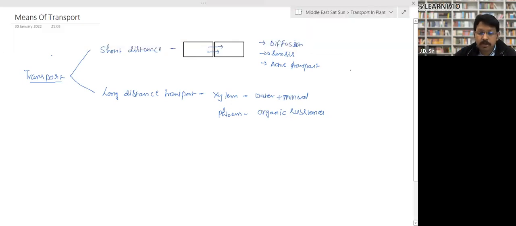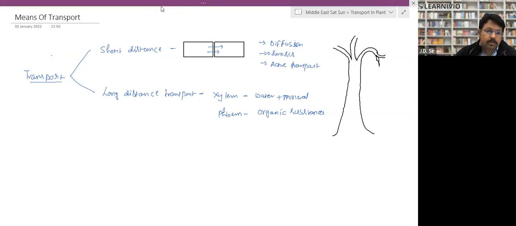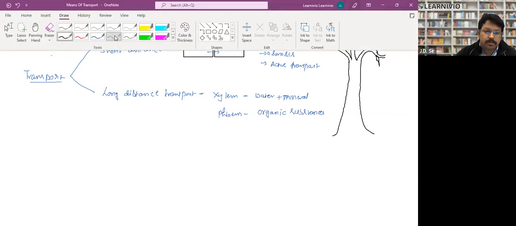So when we talk about the long distance transport, for the sake of example, suppose that this is a tree, right?